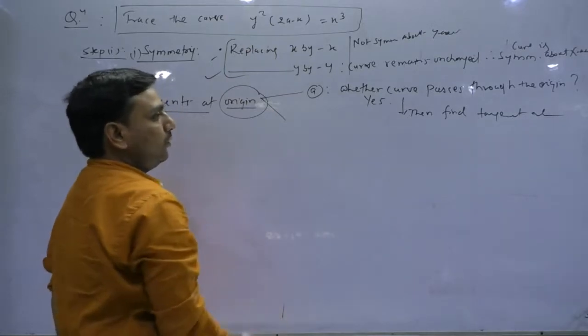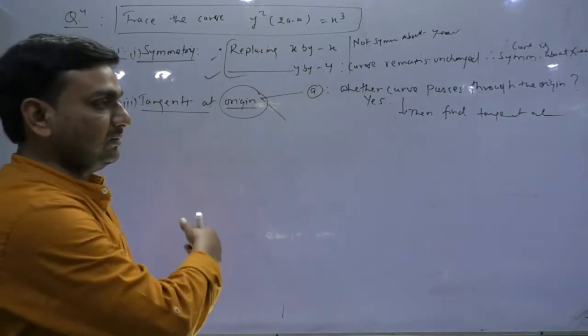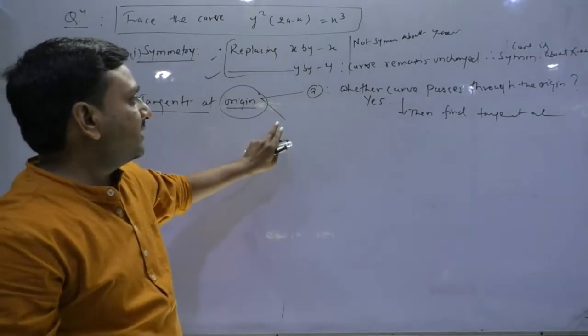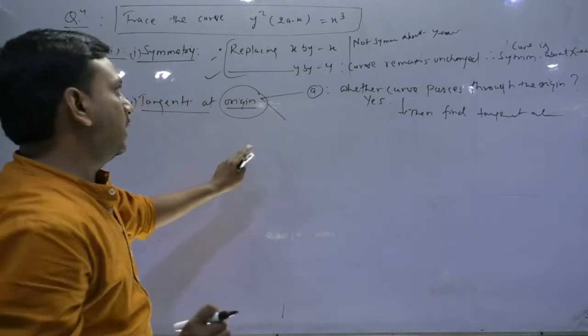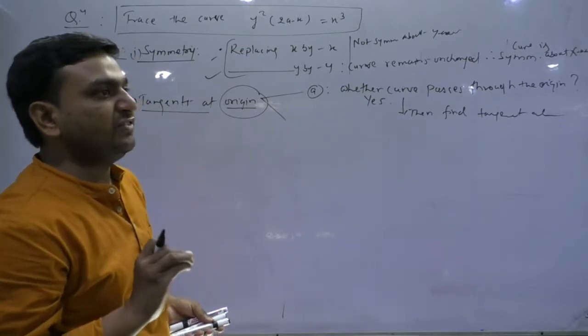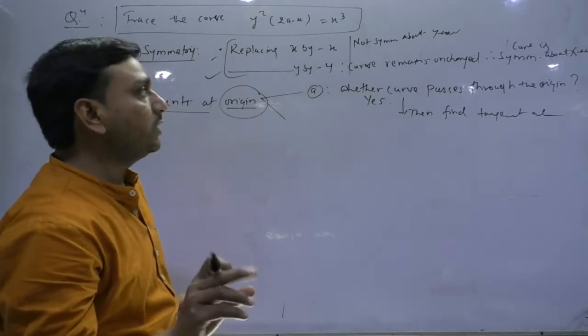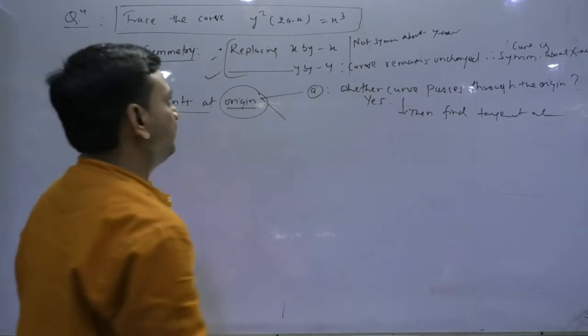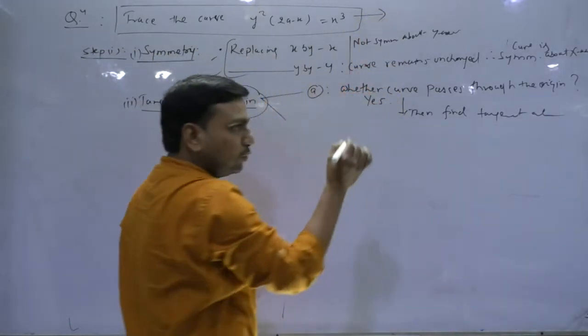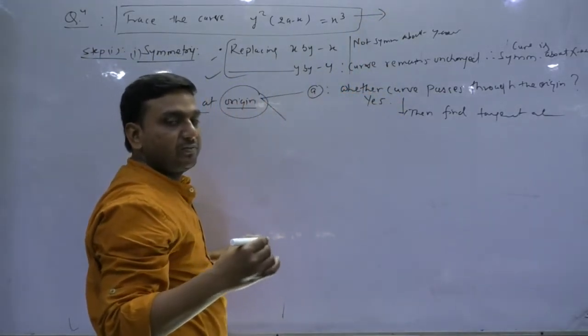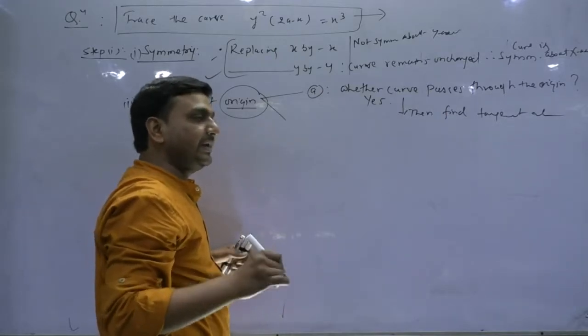Okay, so what I told you in this previous wala part, कि to get the tangent at origin we put the lowest degree term to 0. What we put? Lowest degree term. So please focus. Those are the learning points which a teacher is needed.